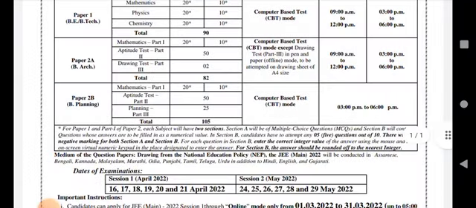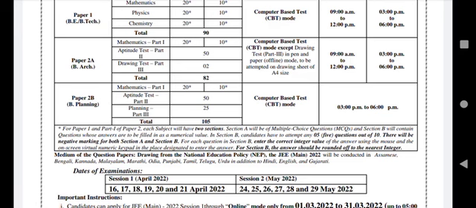There will be negative marking, so you need to consider that. One more point is that in section B, the candidates have to attempt any 5 questions out of 10.